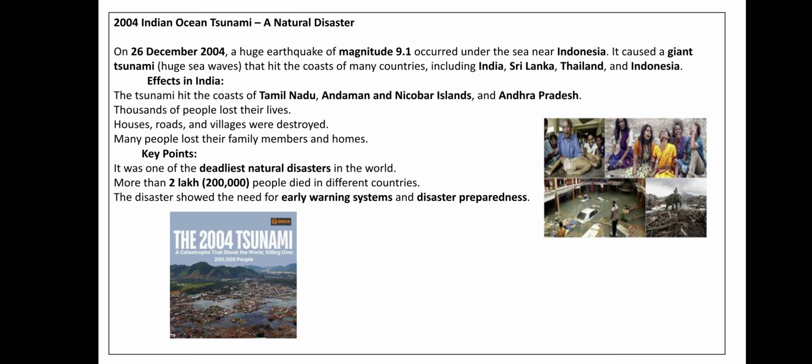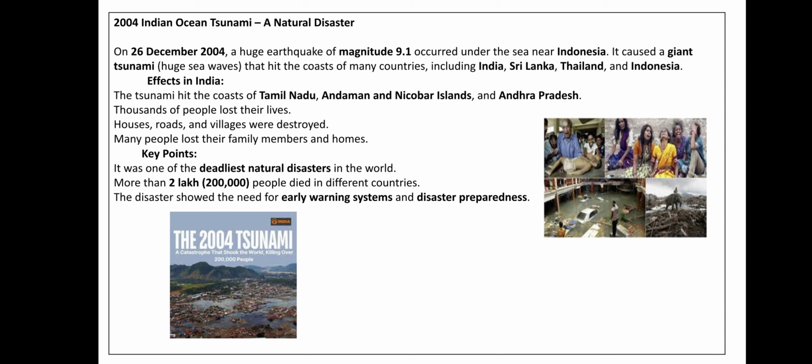Now, there was a natural disaster that occurred in the Indian Ocean region. On 26th December 2004, a huge earthquake of magnitude 9.1 occurred. Students, this value 9.1 meant a lot. Basically, there is a parameter for measuring the scale of an earthquake. If an earthquake of approximately 5 or 6 magnitude occurs, it generally means it is okay, controllable and manageable.